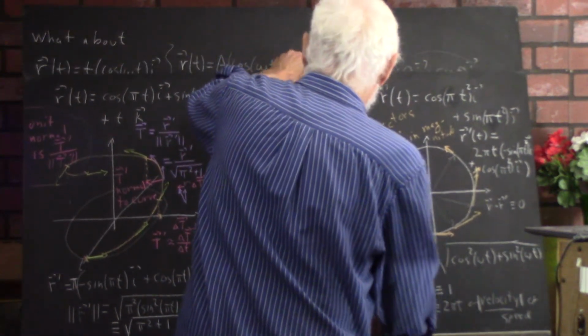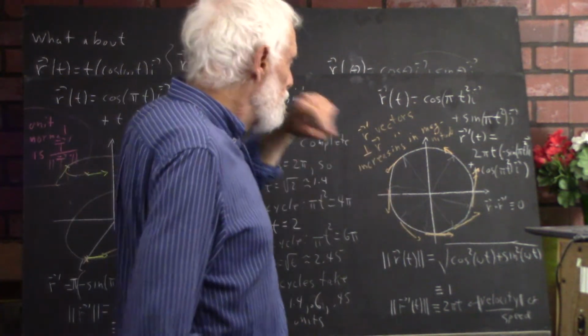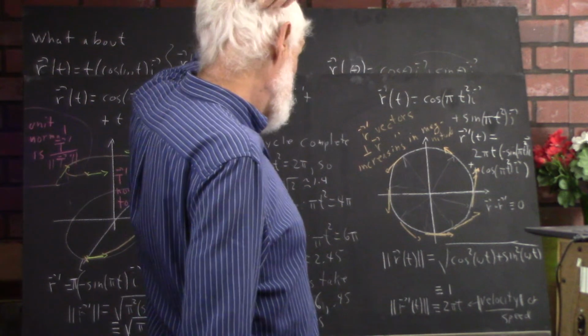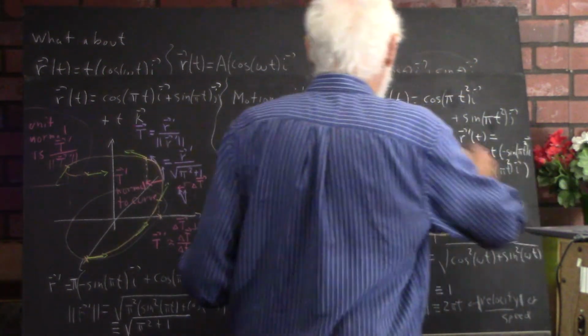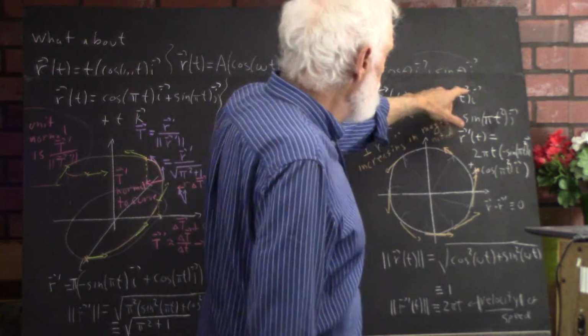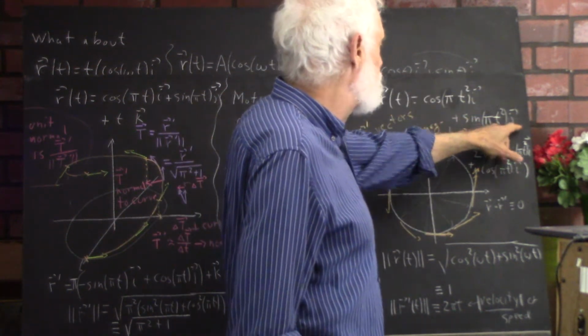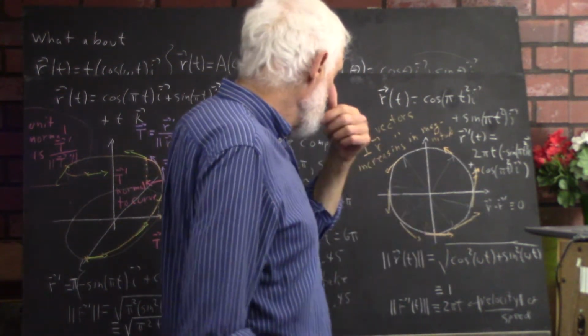Let's move on to another model, another definition. Okay, here's another vector function, r of t: cosine of pi t squared i plus sine of pi t squared j. How does this work?